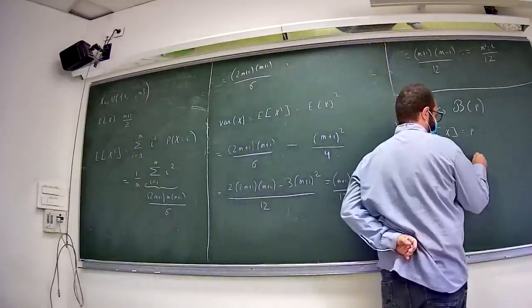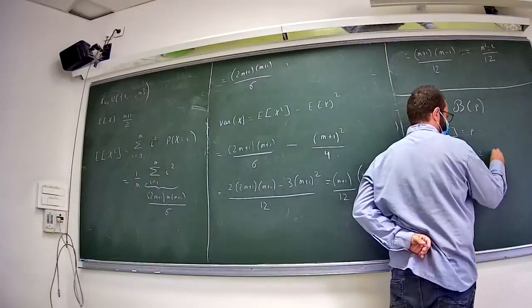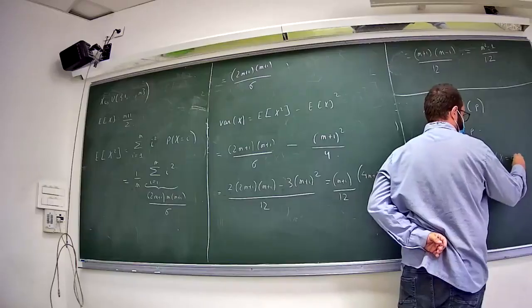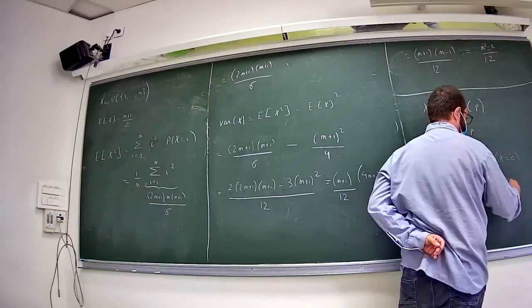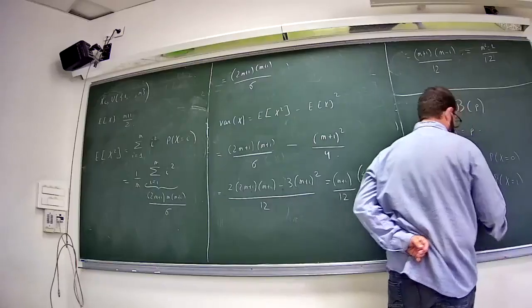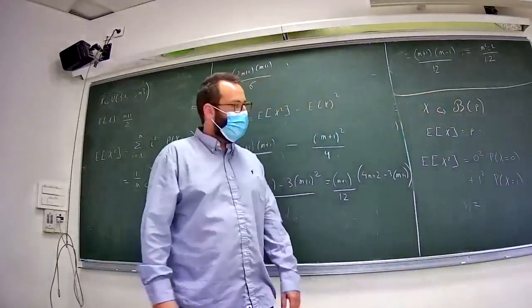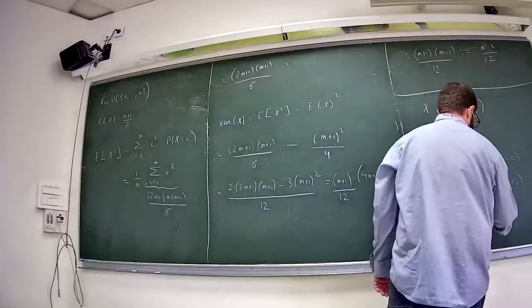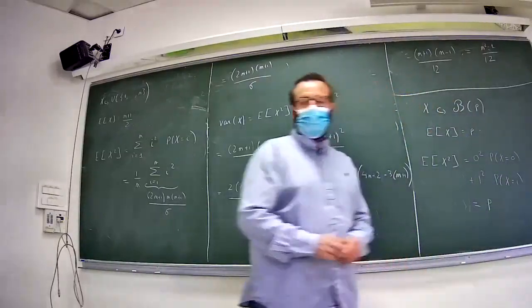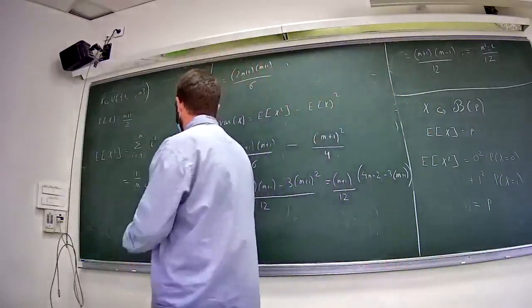So if I write the formula, it's 0 square times the probability that x is equal to 0, plus 1 square times the probability that x is equal to 1. The first term being 0, the other one being just equal to p. The expectation of x and the expectation of x squared are the same in this situation.